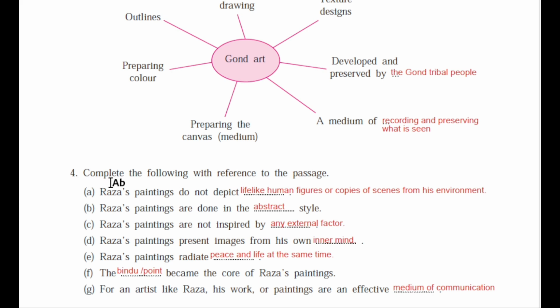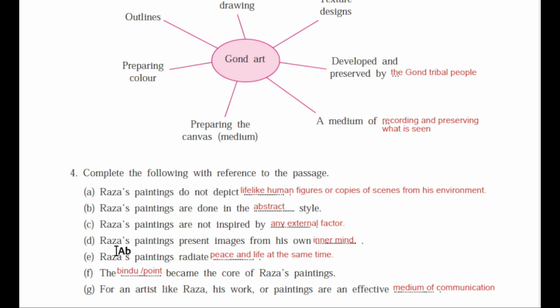Question 4. Complete the following with reference to the passage. A. Raza's paintings do not depict lifelike human figures or copies of scenes from his environment. B. Raza's paintings are done in the abstract style. C. Raza's paintings are not inspired by any external factor.